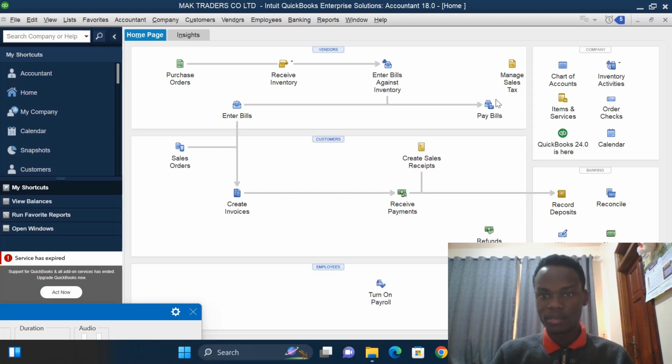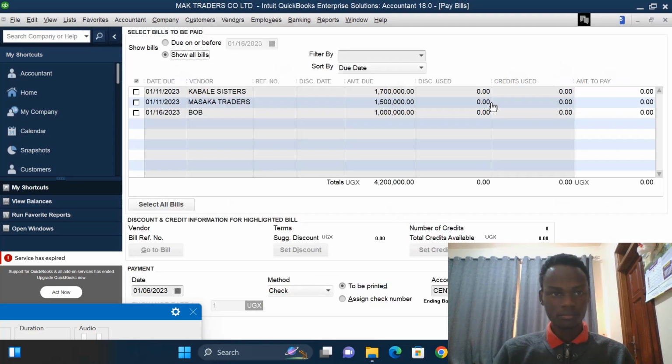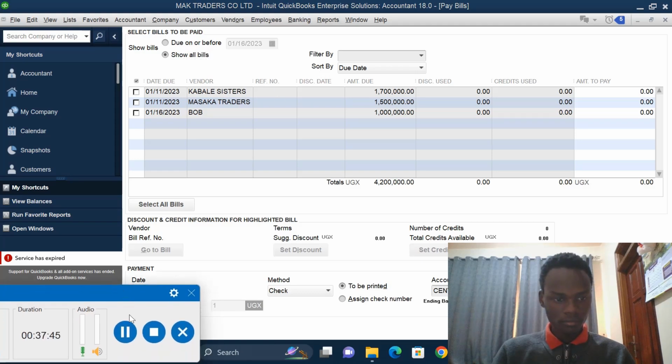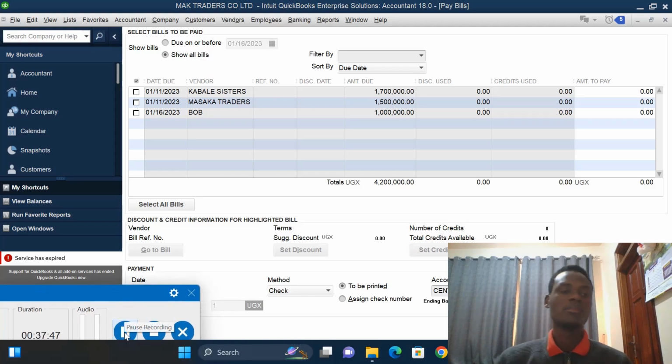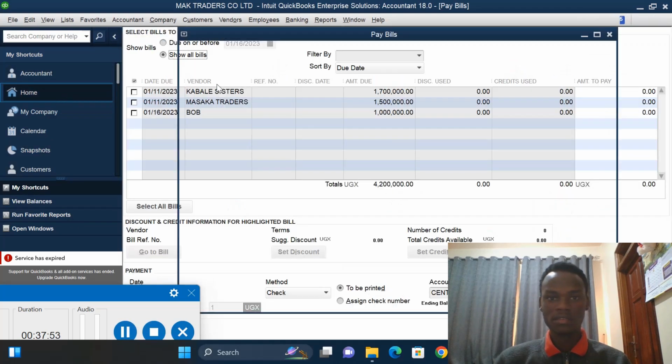Shall also go to pay bills. Okay, so before we pay the bill, let's first go back to our chart of accounts.